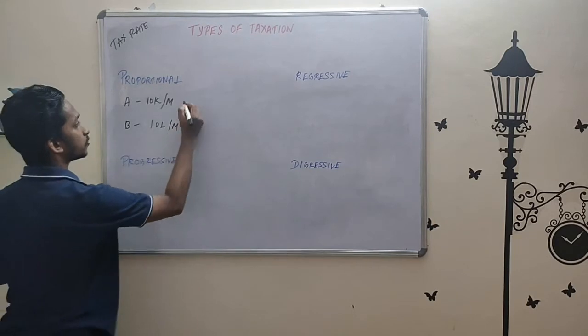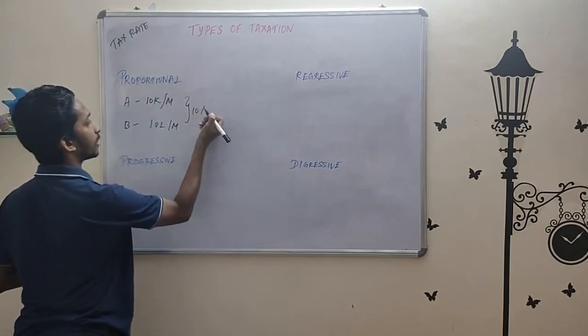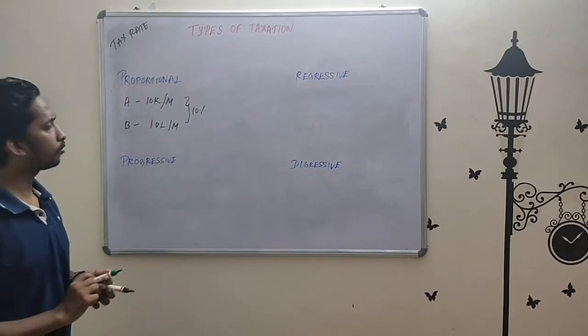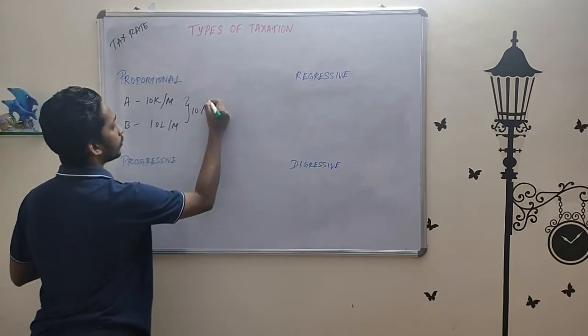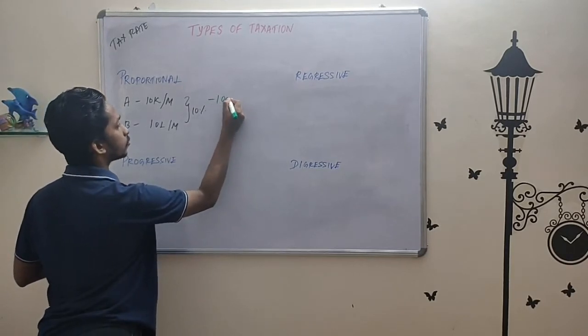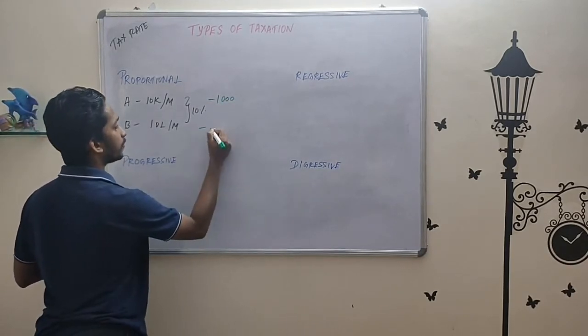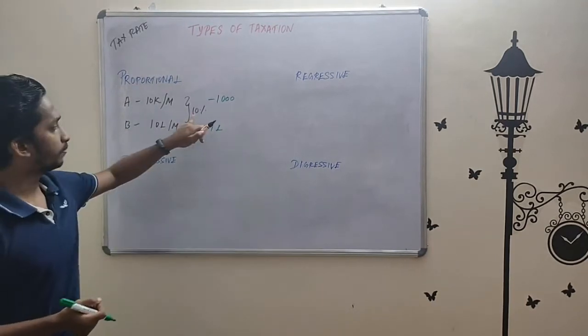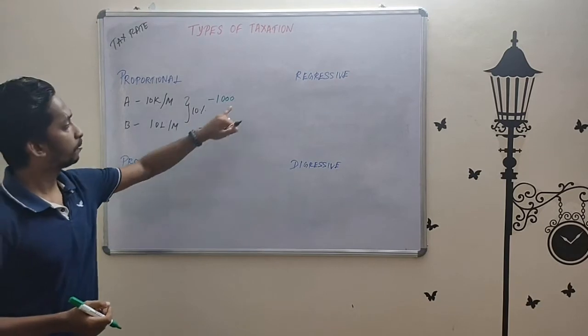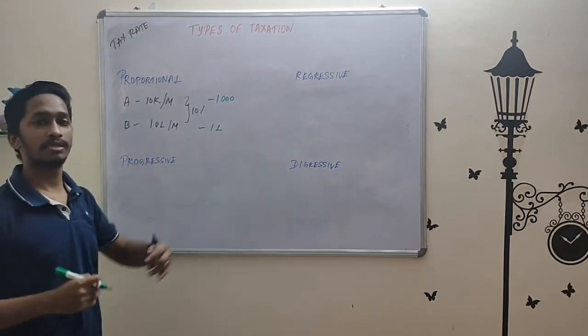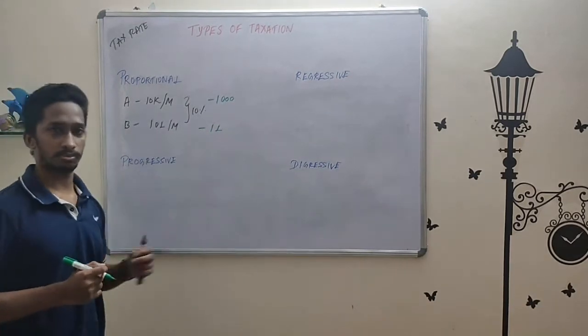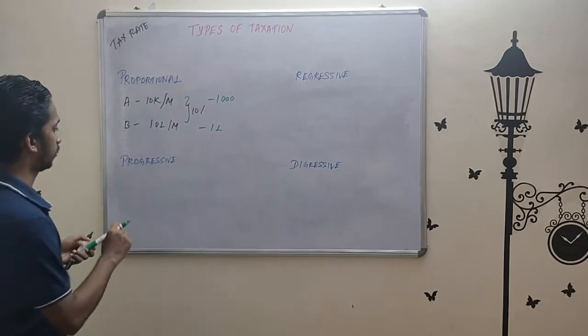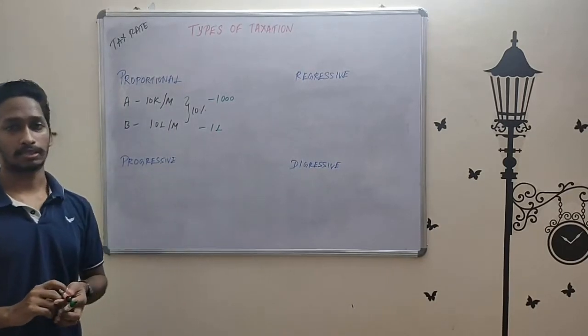Let's assume the tax rate under proportional taxation is 10%. How much would A be paying? A would be paying 1000 rupees and B would be paying 1 lakh. Simple. They are paying the same tax rate, but the amount of tax paid changes because of the income stream.